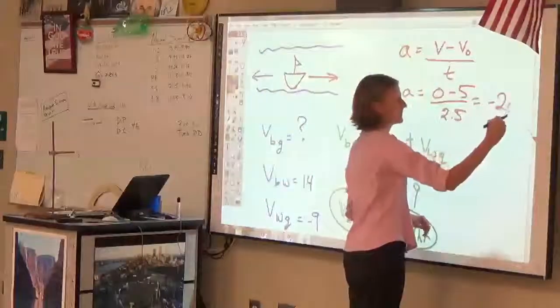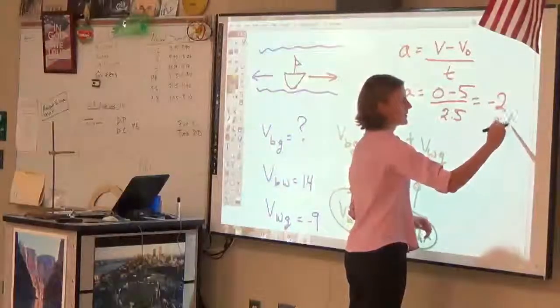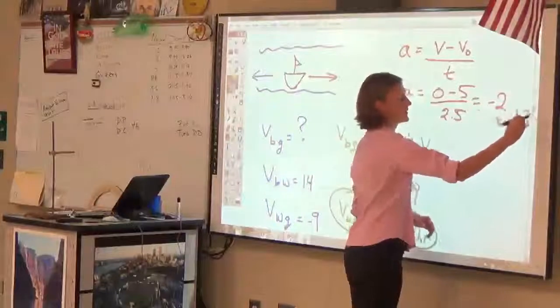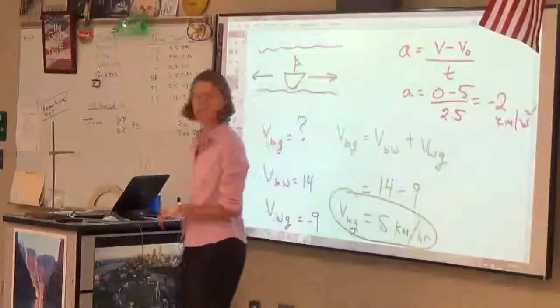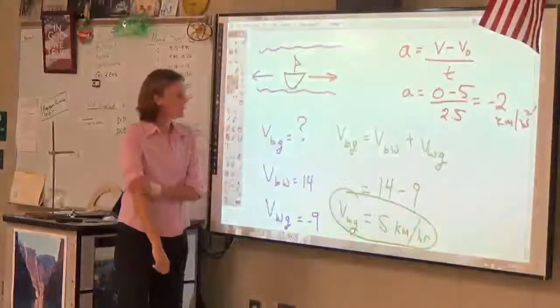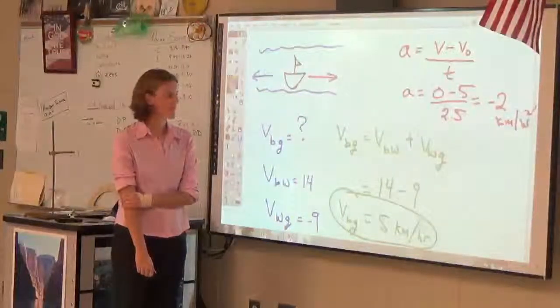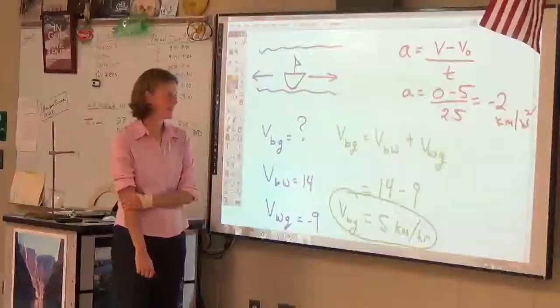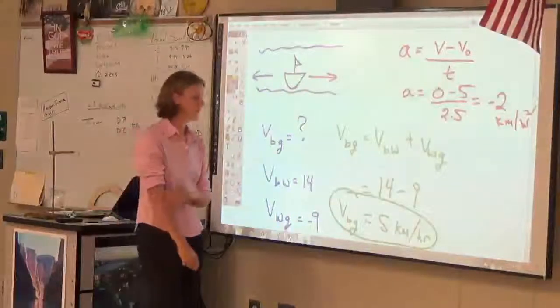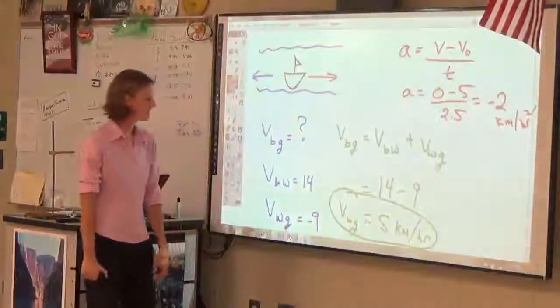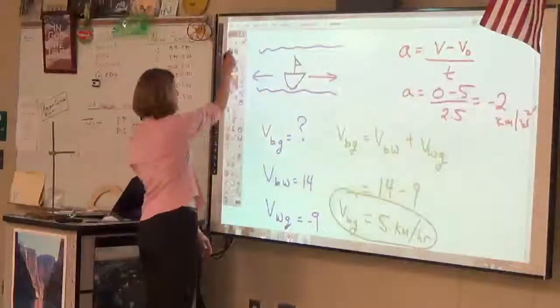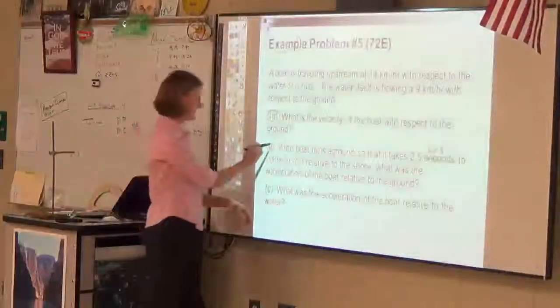It's negative 2, because it stops. It runs aground. Gets stuck in the shore. That's a slow boat. I meant for it to be 2.5 seconds, but then I didn't change the rest of it. Okay, so that's part B.